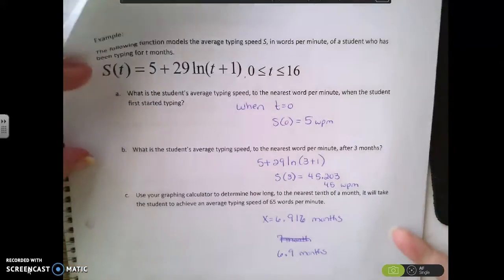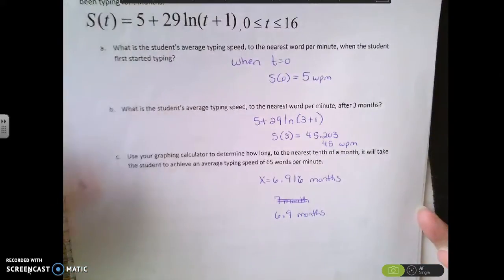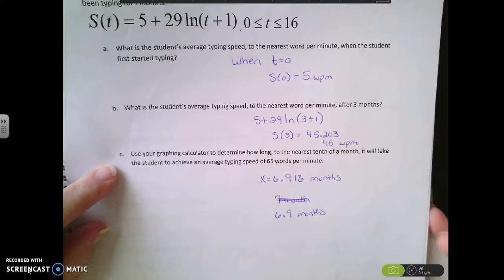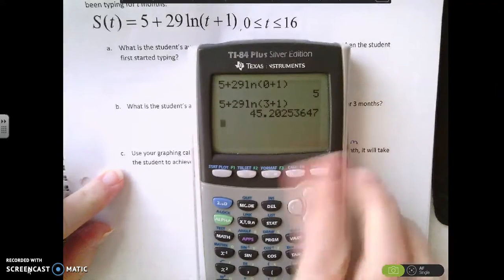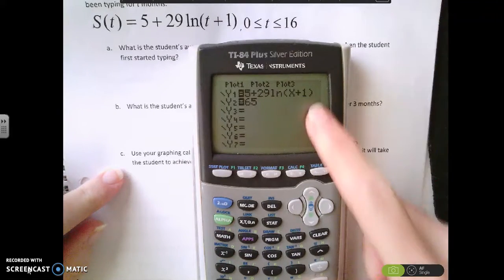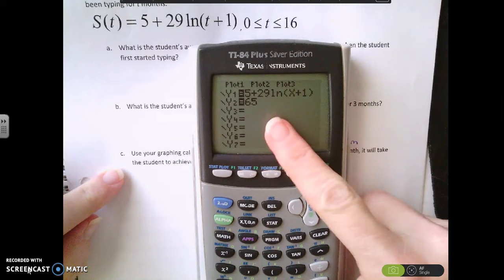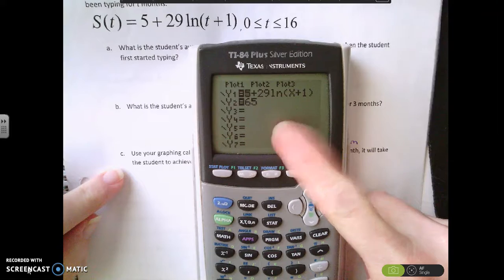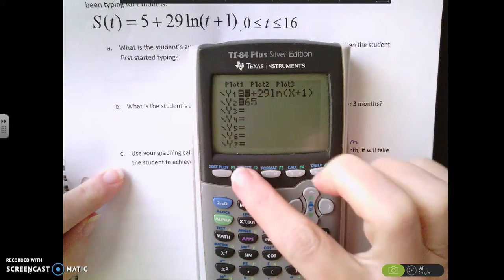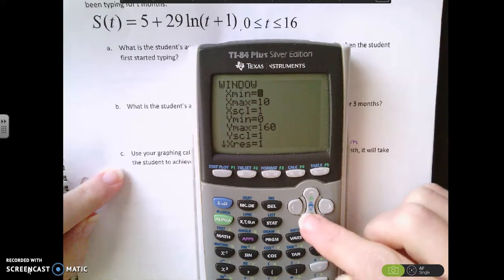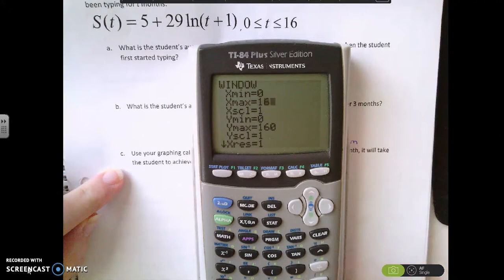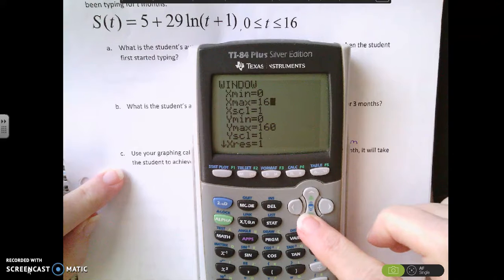And then it says, use your graphing calculator to determine how long it will take you to get to about 65 words per minute. Now we're going to go to our calculator, we're going to put the equations in, and we're going to put in 65. So for my window, I know my x-min is 0, and my x-max, according to what they've told me, has to be 16.